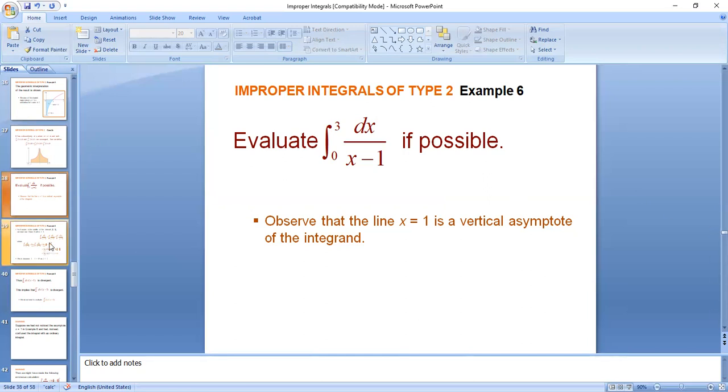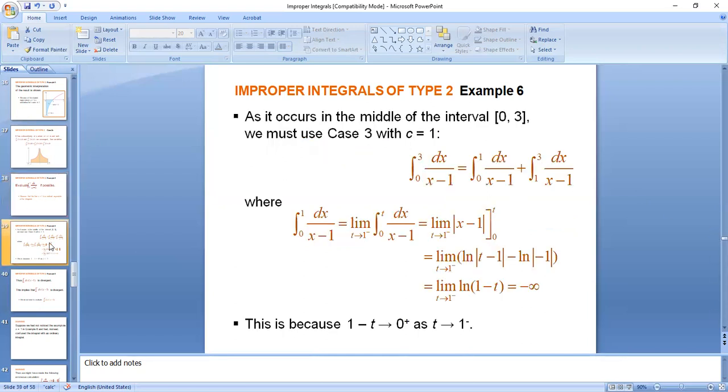Okay, let's proceed. Since 1 is the point of discontinuity, that would be the limit that we will assign as the upper limit of our first integral and the lower limit of the second integral.